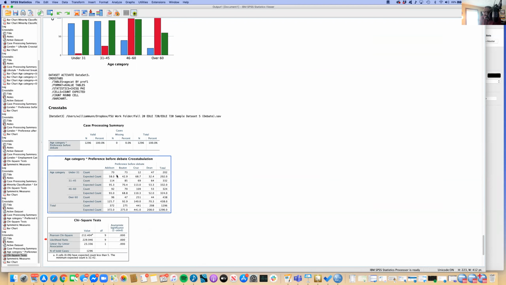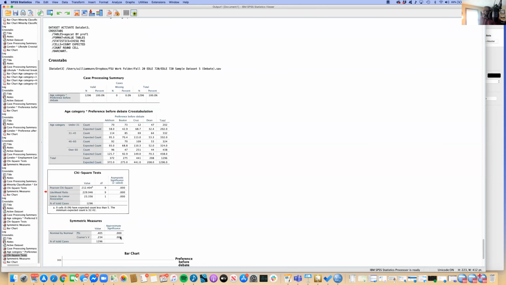And just a quick scan of these numbers shows that to be the case. If there were no relationship, we would expect 58 people under 31. Actually, there's 70, right? So we see that there's a relationship there. The only thing left to do now is to see how strong it is.